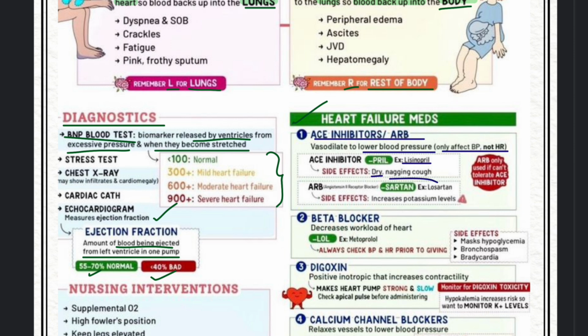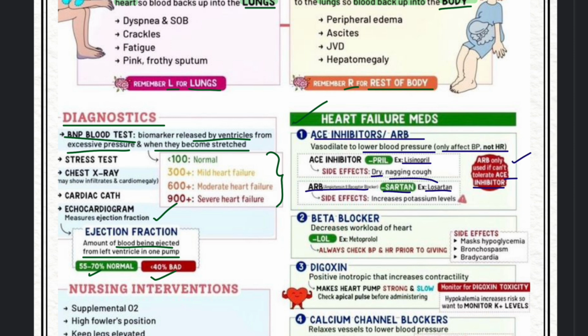ARBs, angiotensin 2 receptor blockers, have the suffix -sartan. An example is losartan, and the side effect is increased potassium level. Use an ARB only if ACE inhibitors are not tolerated.